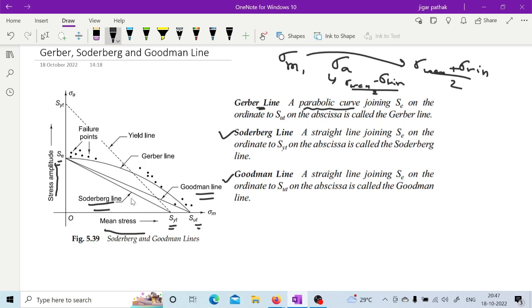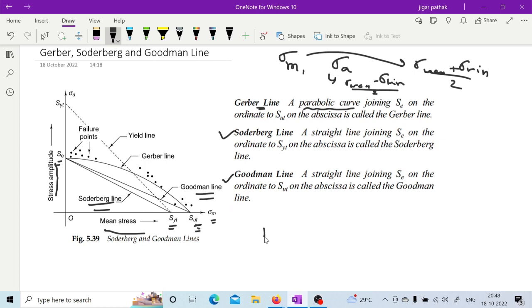And Soderberg is the most conservative, right? And if you observe clearly, if your sigma a is 0, then only sigma mean is there, meaning there is no stress amplitude or alternating stress present. In that case, we are only going to consider SYT and SUT, because it is converted to static stress only.